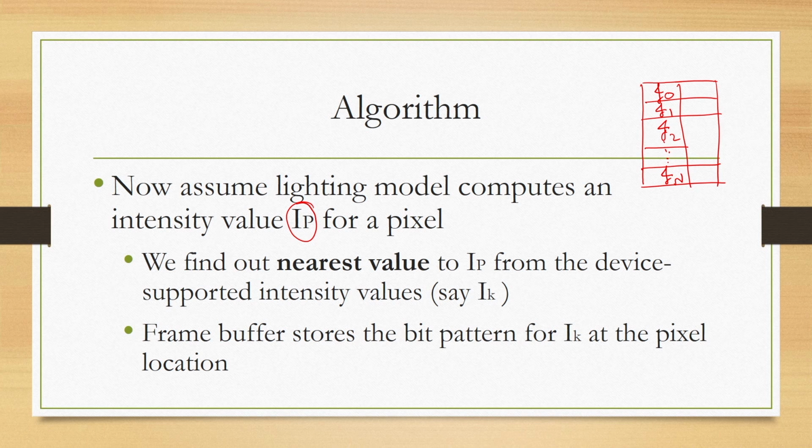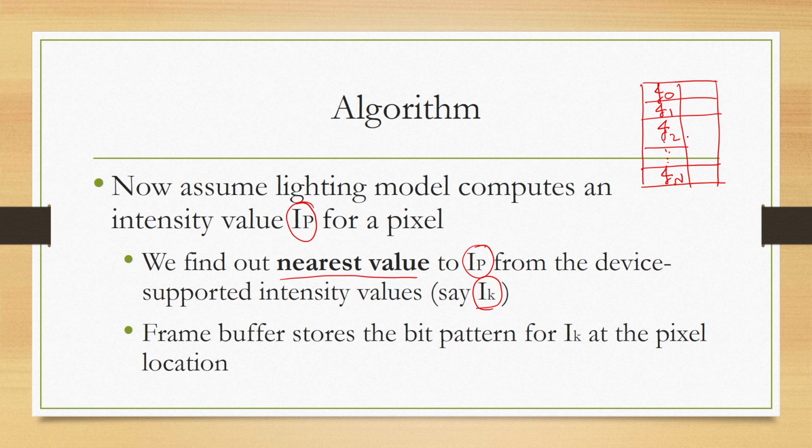Then once we compute I p, we will try to see from this table which value comes closest to I p. That is, we will try to find out the nearest value that is closest to I p. Let us call it I k.